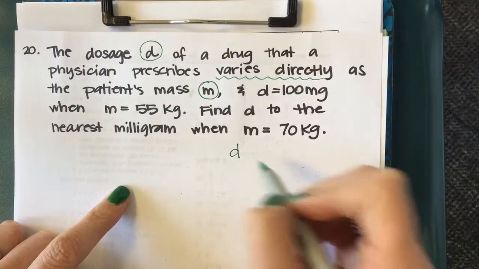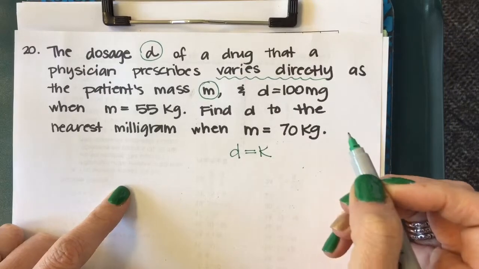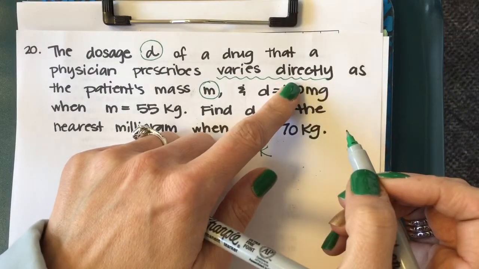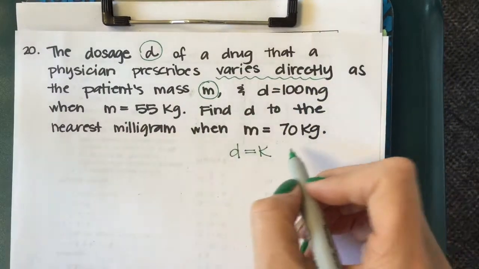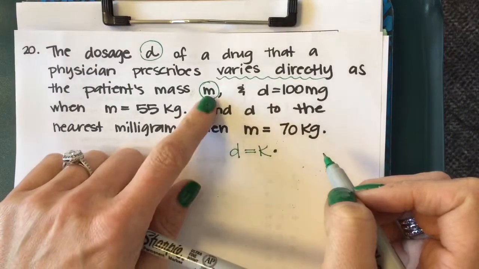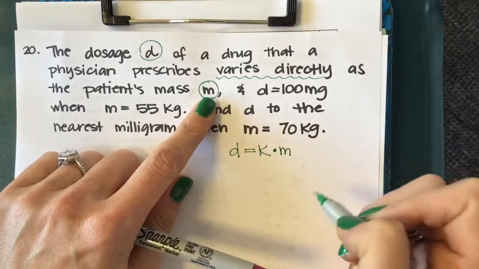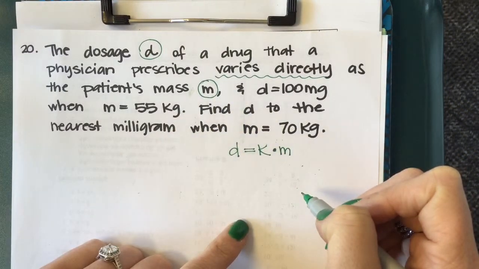So I do D equals k. Since it varies directly, that means I'm going to multiply. K times, what does it vary with? It varies with the patient's mass, which is m. So that's my general beginning setup.